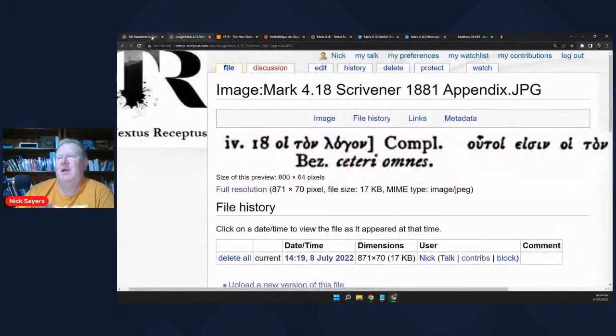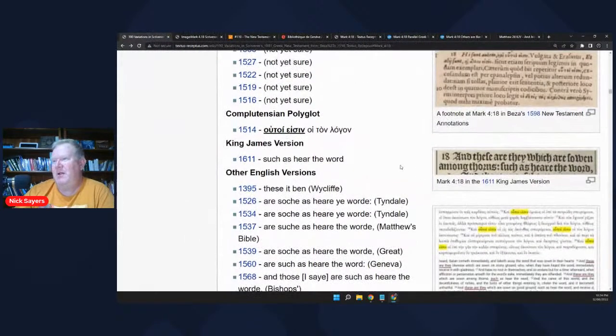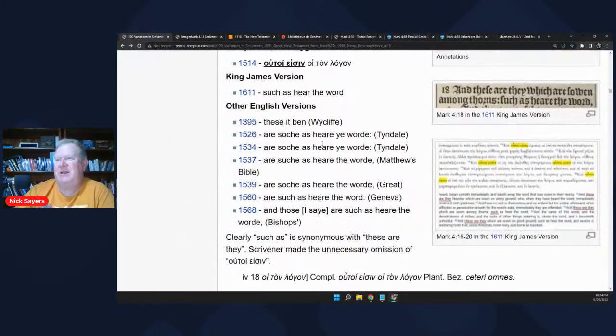Okay, so let's have a look at how this is translated. Wycliffe has "these it been", or "these it be", or "being", or "ben". Tyndale has "and such as hear ye word", and so "ye" was sometimes used as another word for "the".